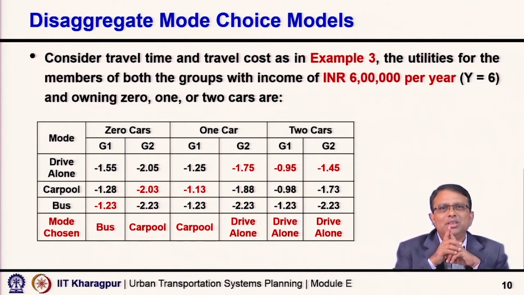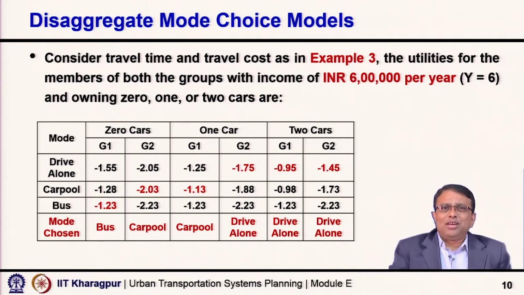Same thing you can see for group 3 also, we calculated the choices. Here incidentally, both group 1 and group 2 are predicted to use drive alone. So, here we may not incur any error, but for 0 car and 1 car, there would be an error.